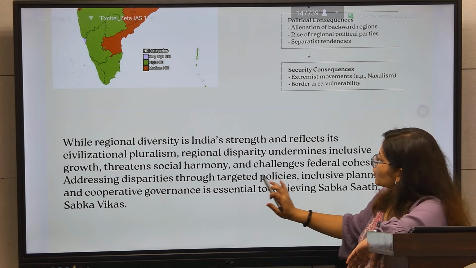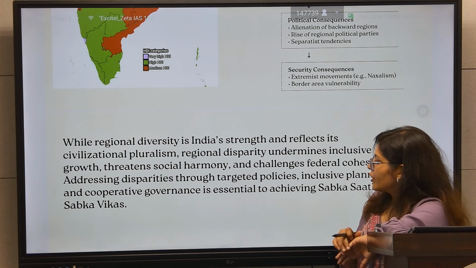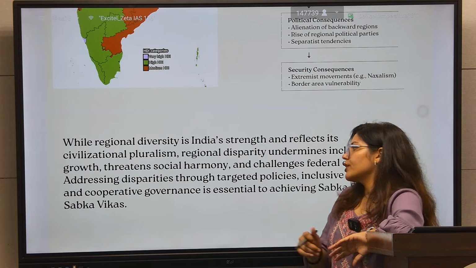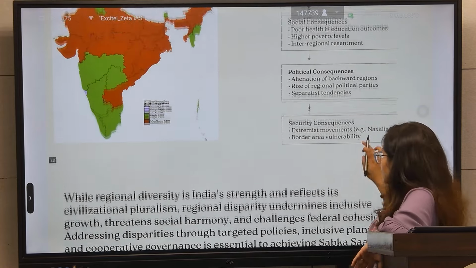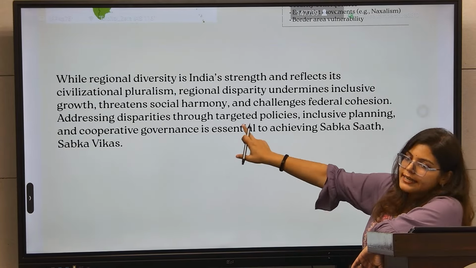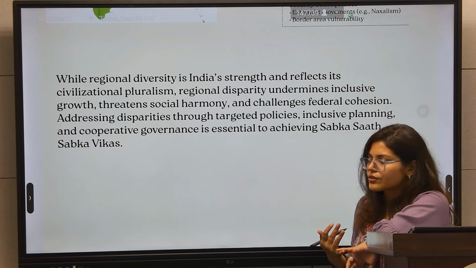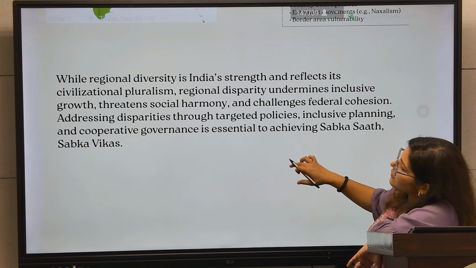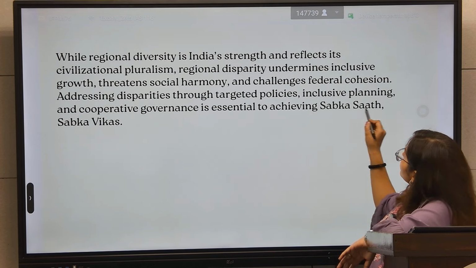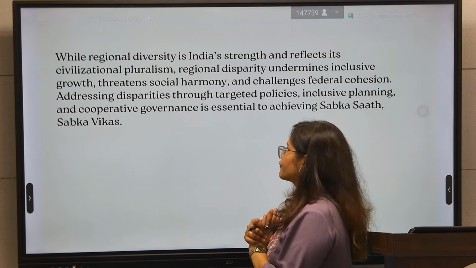Addressing disparity through targeted policies, inclusive planning, and cooperative governance is essential to achieving Sabka Saath, Sabka Vikas. So here you give some solutions: inclusive planning, targeted policy, cooperative governance. Also you can write about vocational training and holistic development. You can use Sabka Saath Sabka Vikas. In this way you have to conclude this type of question.